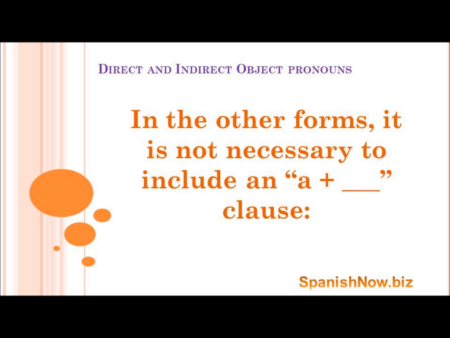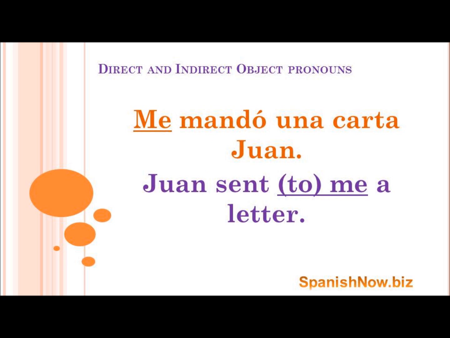It's important to know that in other forms, it's not necessary to include an a plus a person's name when we're dealing with indirect object pronouns, or direct object pronouns for that matter. But this example, me mandó una carta Juan. Juan sent me a letter.